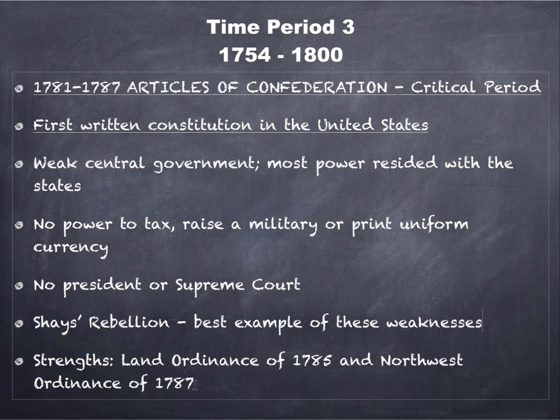I won't go into every single detail, but just be aware that they charge people $1 an acre to buy the land. They reserved some land for education. They did not allow slavery. I think that's probably the most important. No slavery. Although that wasn't necessarily an abolitionist view. It might have been just the desire to keep black people out of the area.